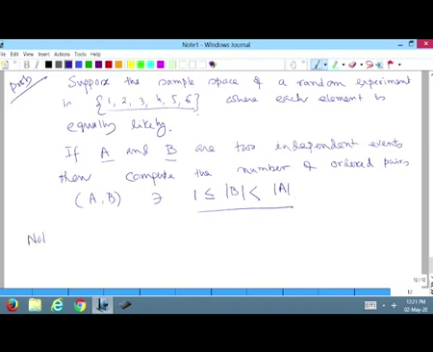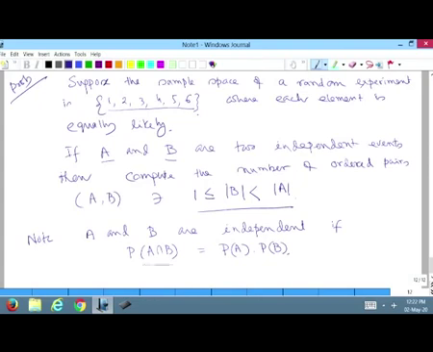Note A and B are independent if probability of A intersection B is equal to probability of A into probability of B. Illustration.